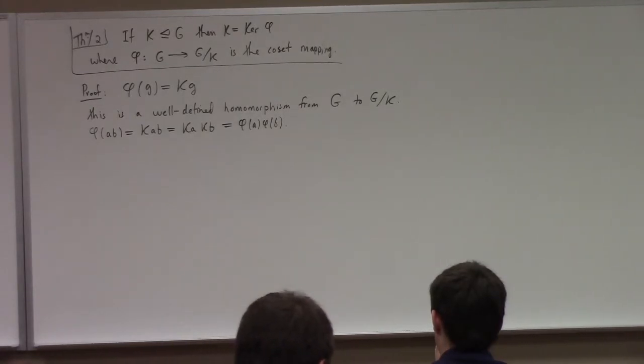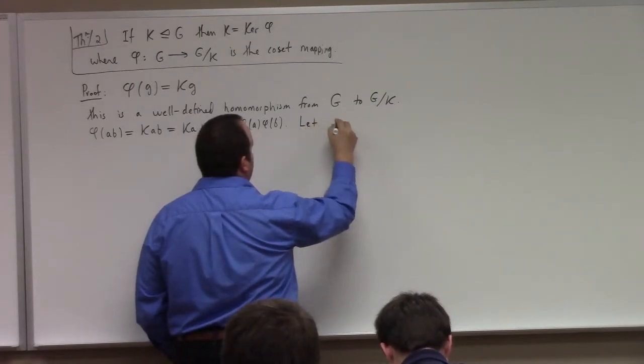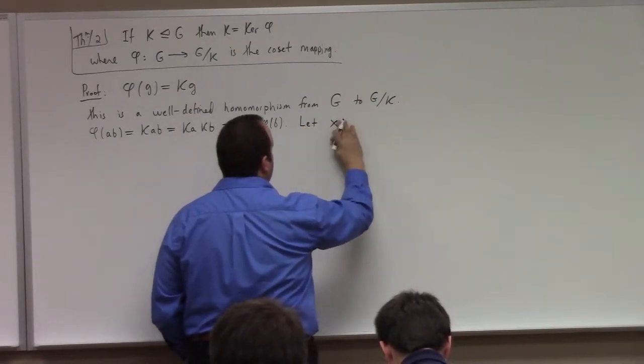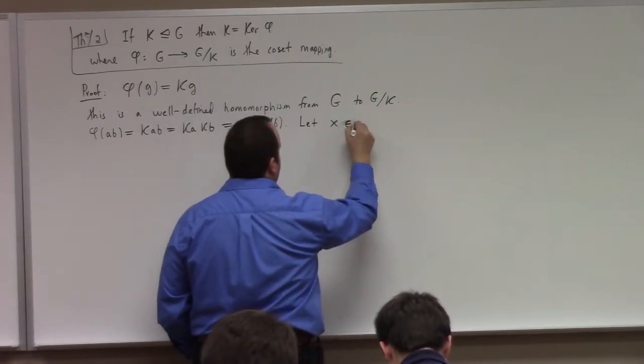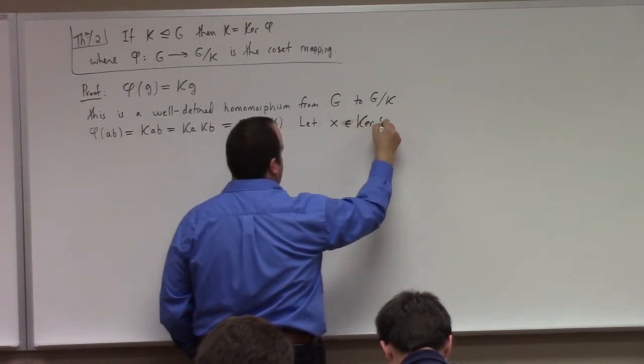So what's left to prove in this theorem? Really just that K is the kernel of phi. So let's look at that. Let x be an element of the kernel of phi. What's that going to look like?